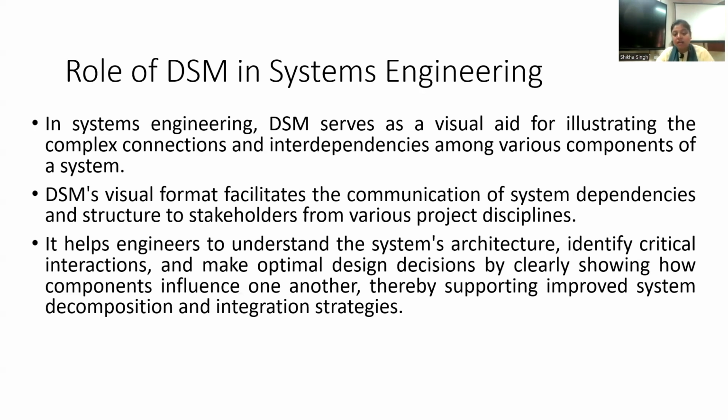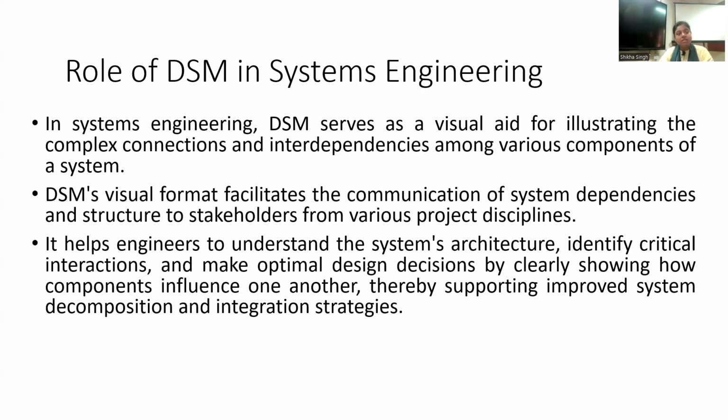We will see that later. So these activities may become critical, right? These interactions may become critical and you cannot ignore them, right? So that is the reason why we will be going ahead. So further, it helps engineers to understand the system's architecture, identify critical interactions, and make optimal design decisions.